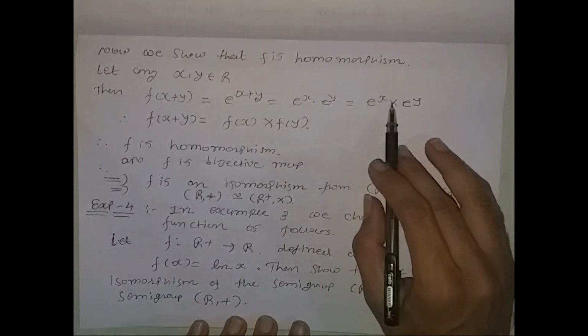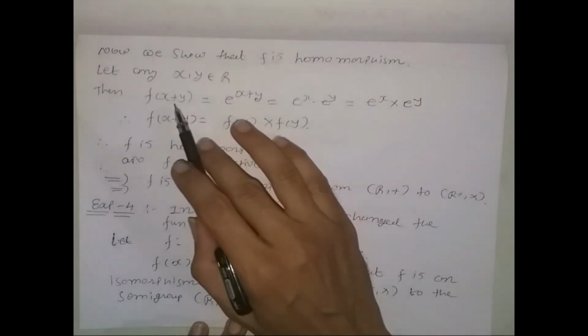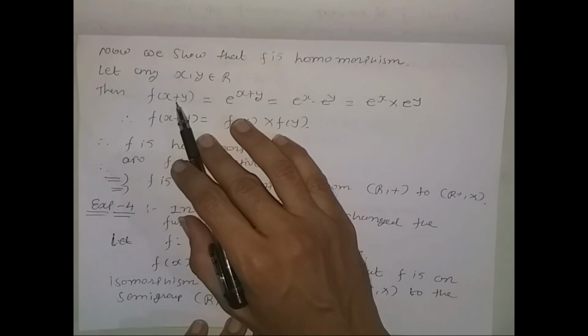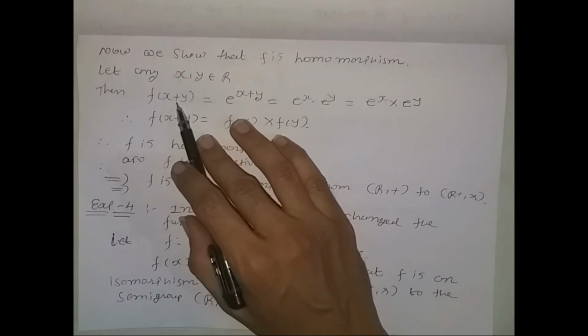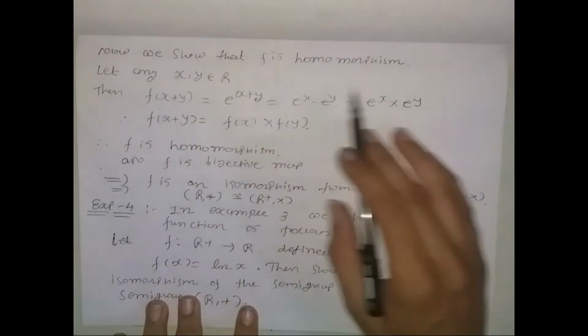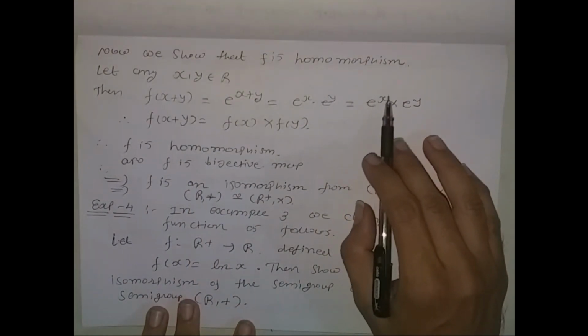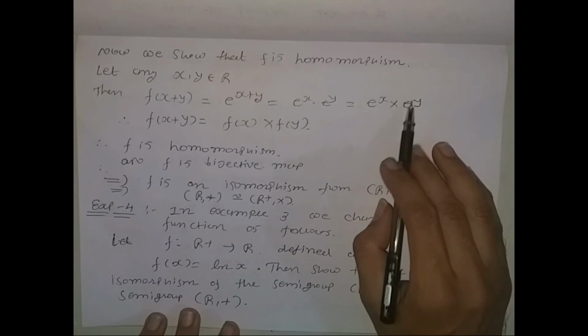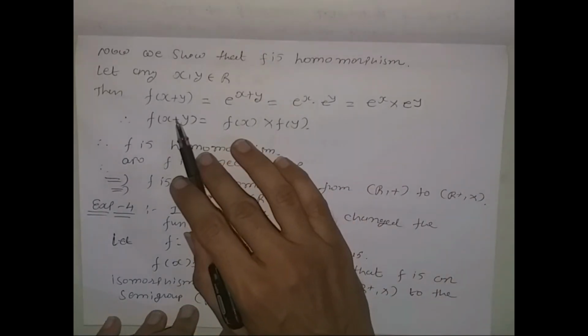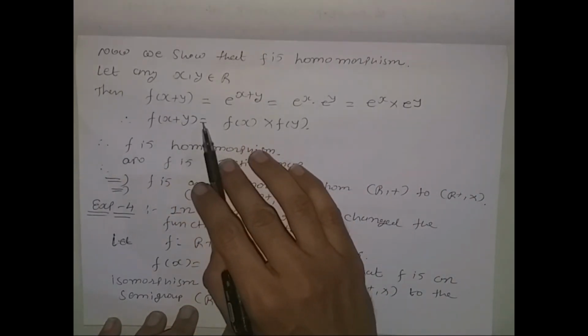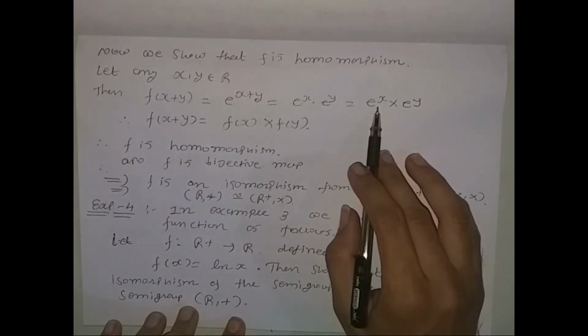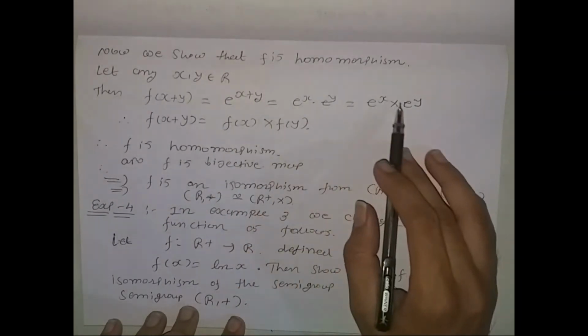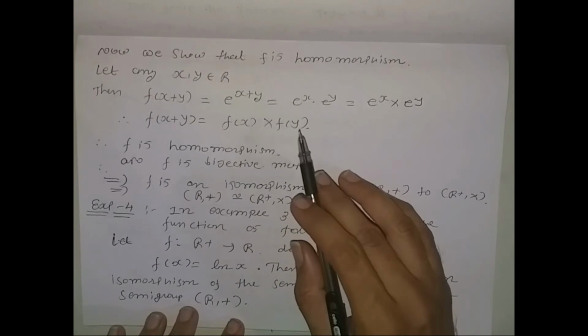Here plus is the binary operation for r, addition, and for r plus our binary operation is multiplication. So e raised to x multiplied with e raised to y. Okay, so we get f of x plus y is equal to e raised to x, that is f of x cross f of y.